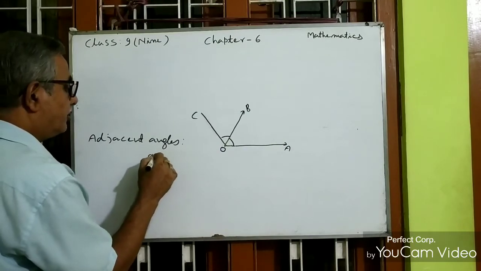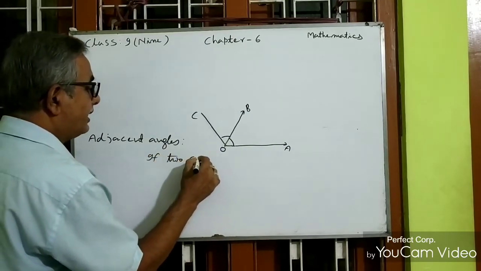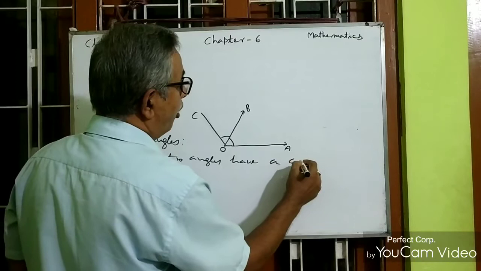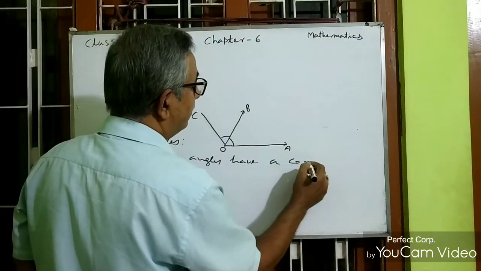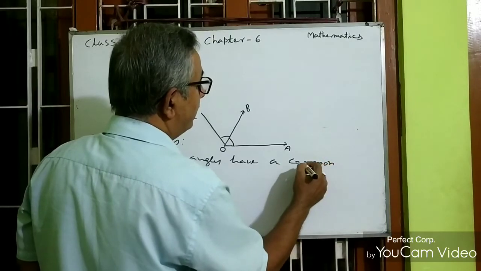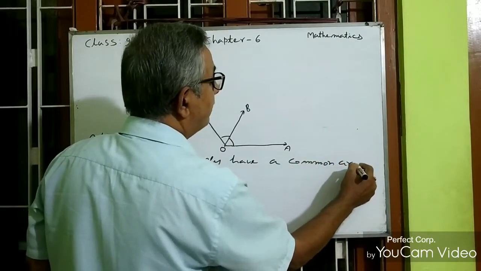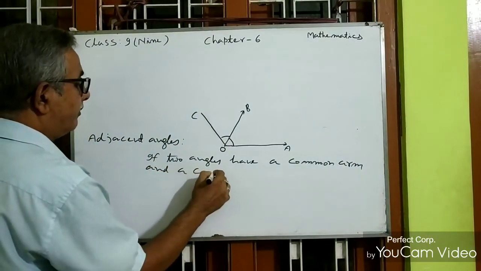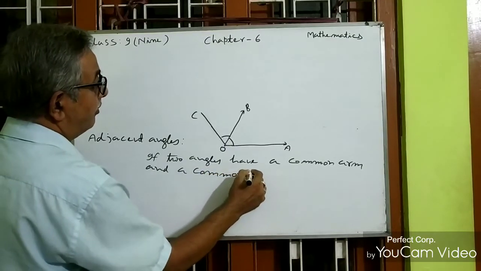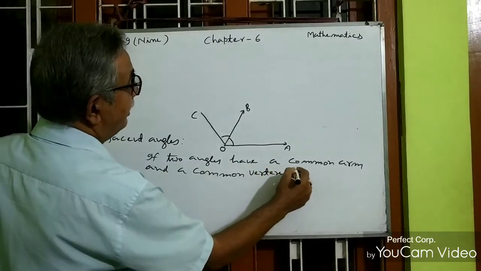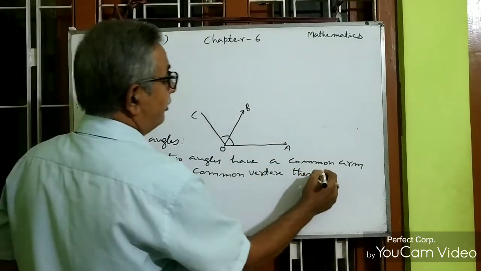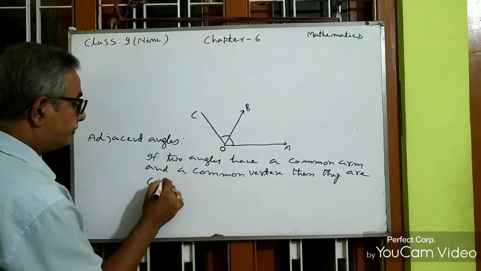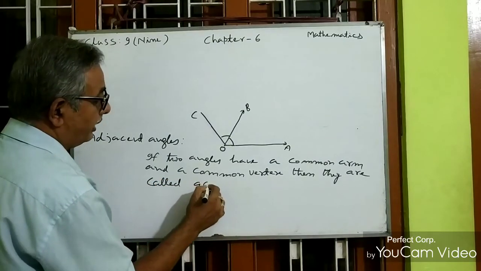If two angles have a common arm and a common vertex, then they are called adjacent angles.